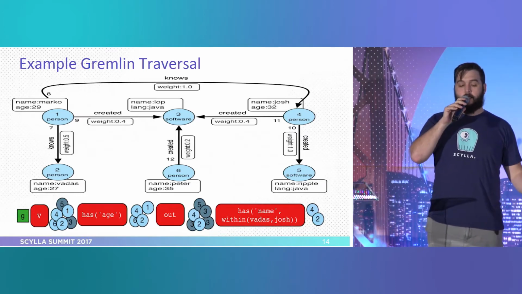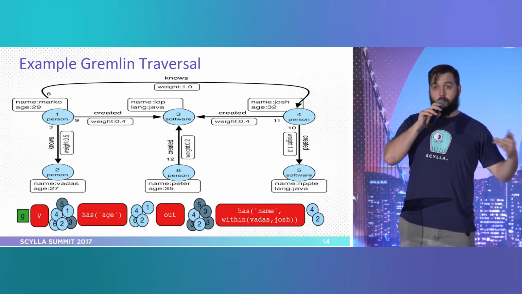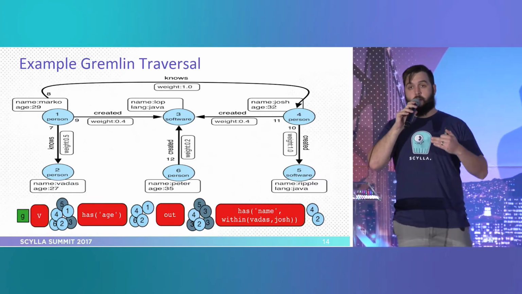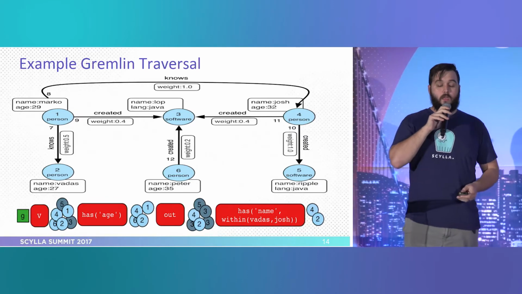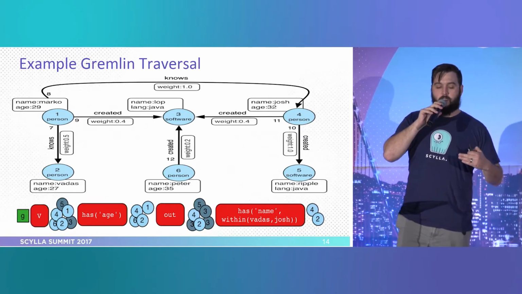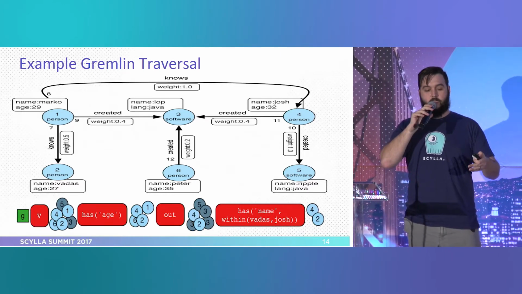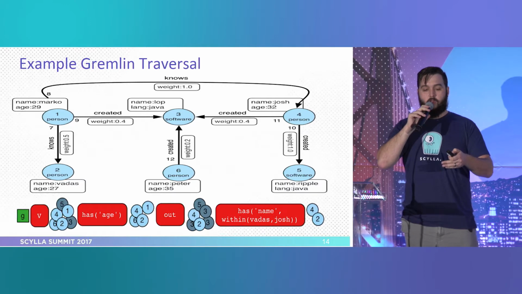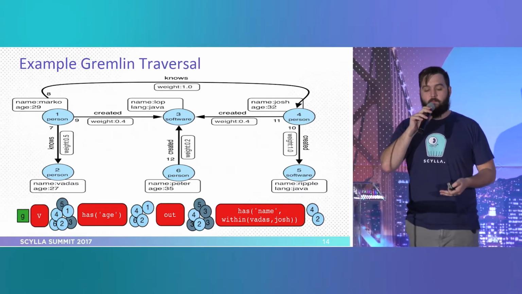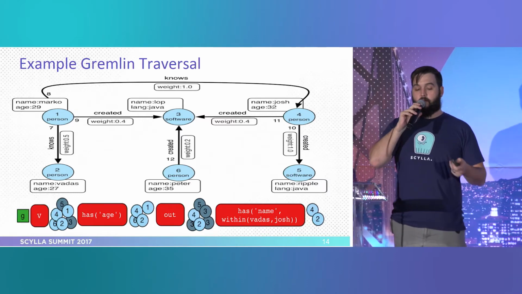The outstep means to move in the out direction. Edges in the Tinkerpop model are directed. And move to that set of vertices. So you can see that you've now moved from the set of vertices that has ages outward. And then it's filtering again on vertices that have the name, Vatis, and Josh.